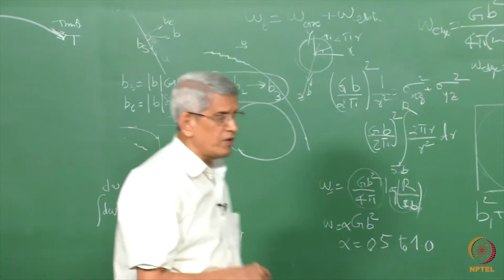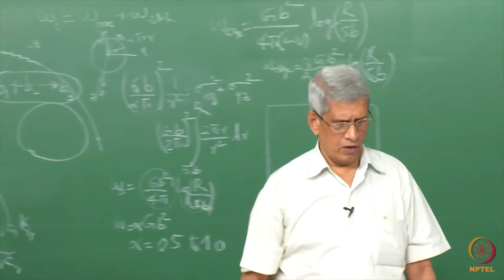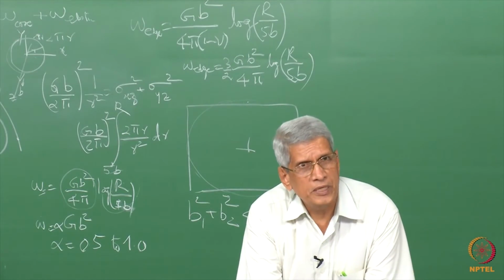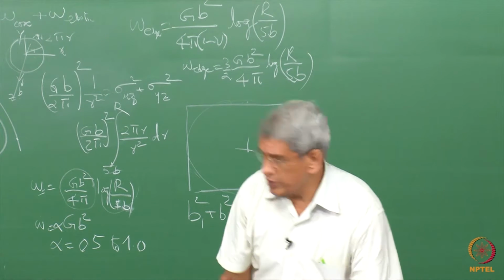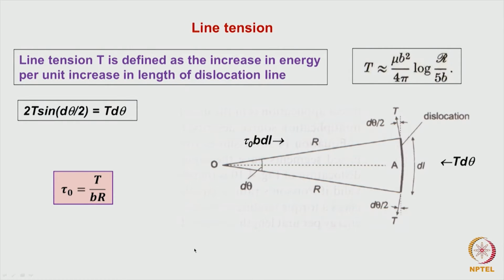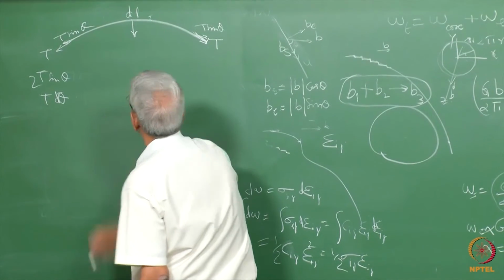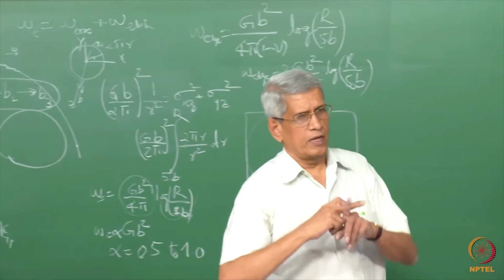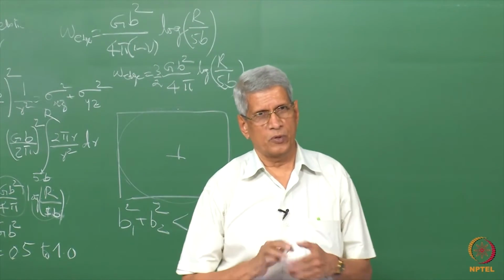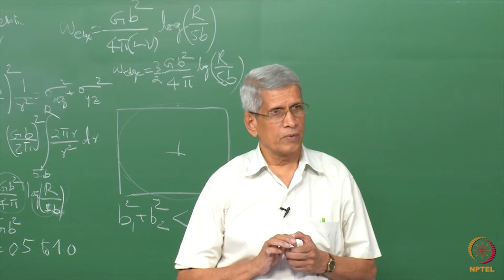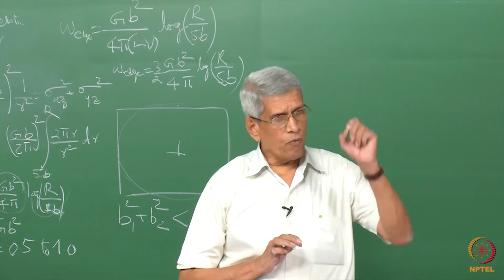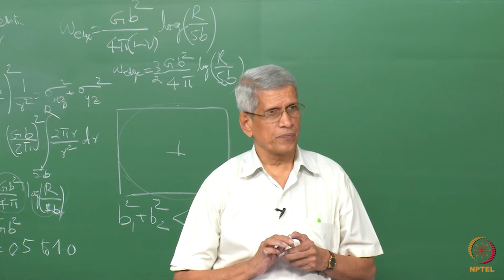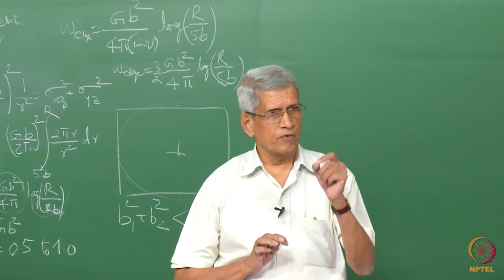The other way we can look at it is, what will be the force which can keep it in equilibrium? If a dislocation is bent like this, assume that a small work is being done on this dislocation, and the dislocation line is trying to move in the opposite direction. What will be the force which we have to apply? That we can calculate.